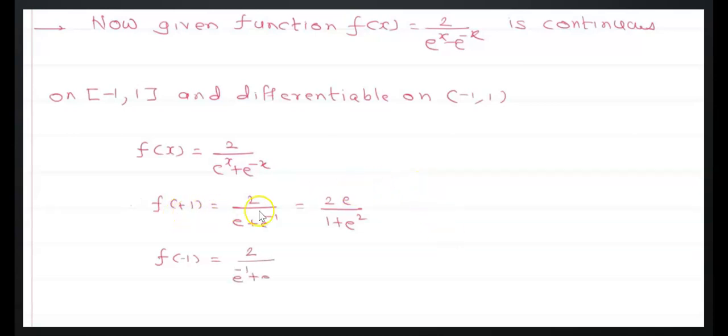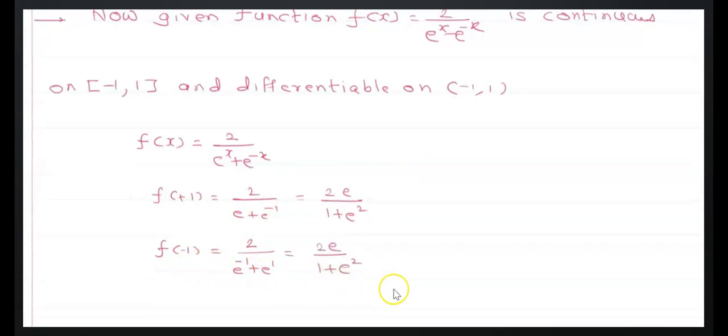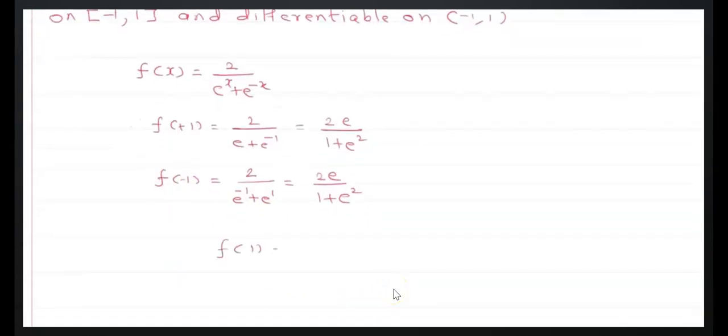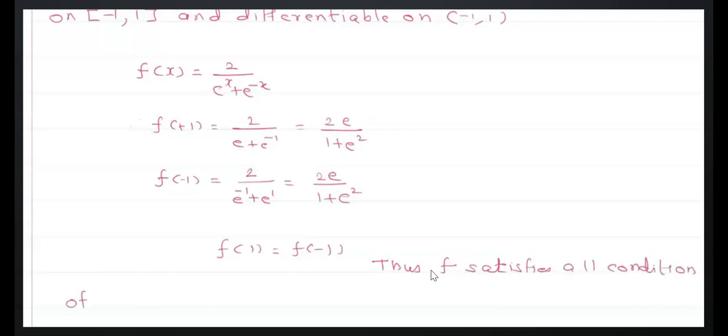And when x is equal to minus 1, then again you will have 2e upon 1 plus e square. Now these two values are equal. Thus f satisfies all conditions of Rolle's theorem.